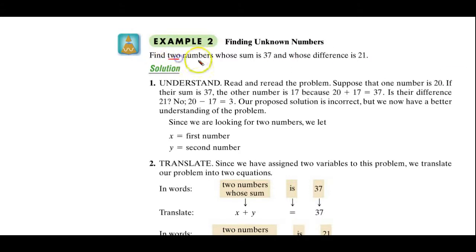Find two numbers whose sum is 37. Well, since we're allowed to use two variables, we're going to say the first number, x, plus the second number, y, equals 37.